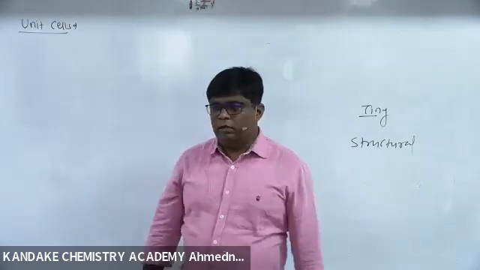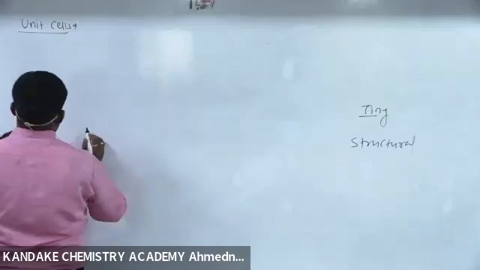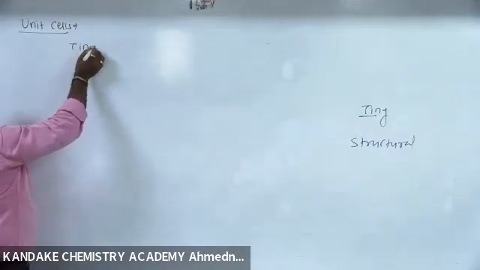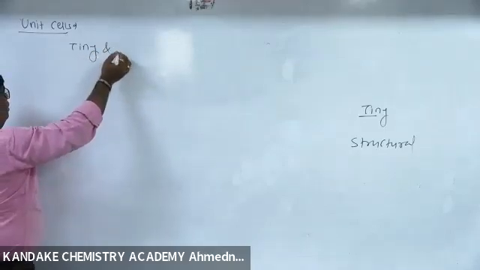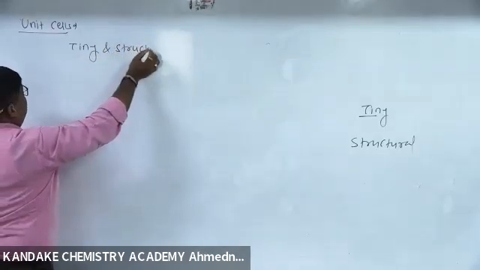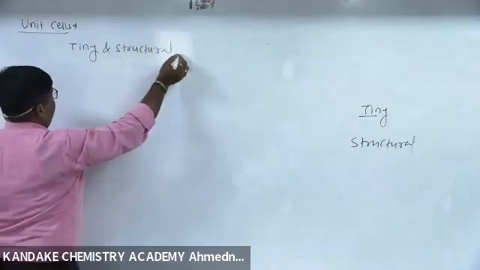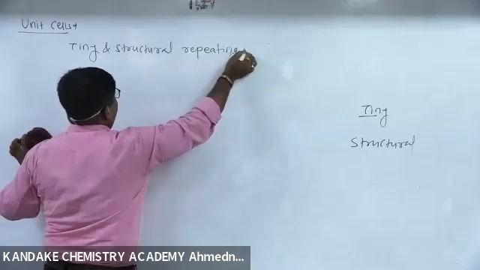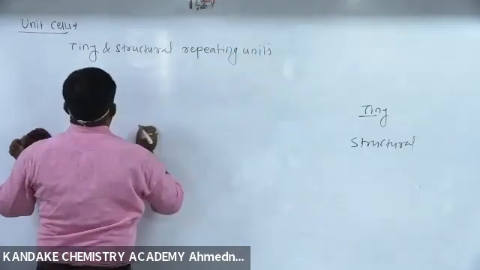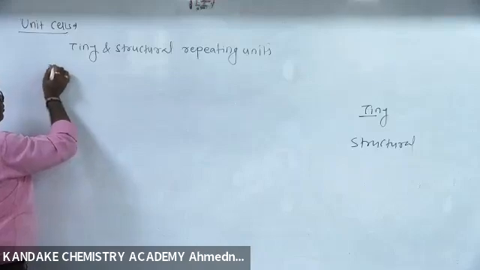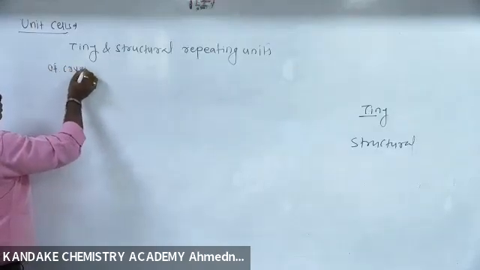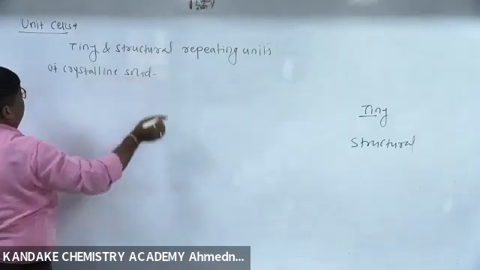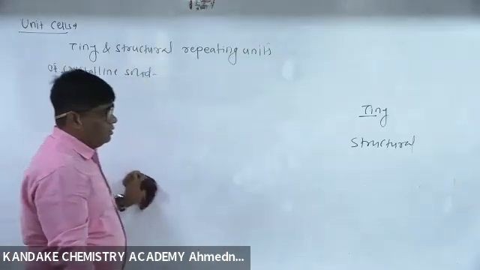So what are the unit cells? What is the definition of unit cell? Tiny and structural repeating units of crystalline solid are known as the unit cells.